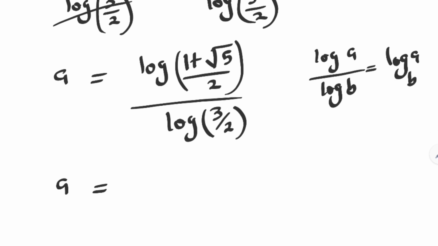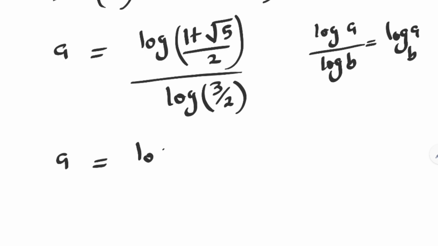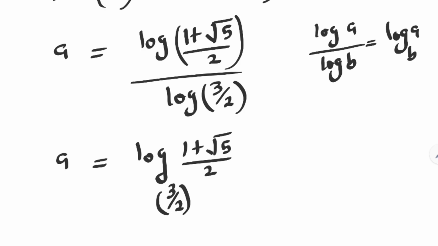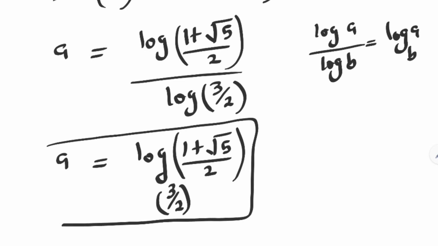A is equal to log of 1 plus square root of 5 divided by 2, base 3 over 2. And this is the final answer.